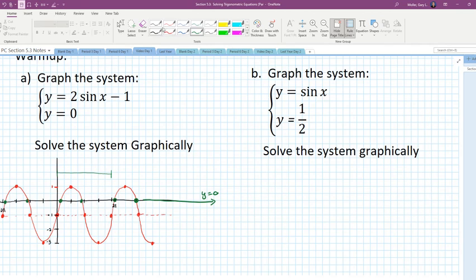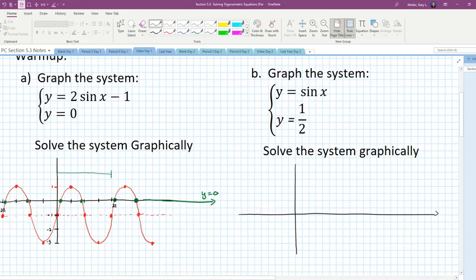Let's do part B, and let's go ahead and graph this one. So this one should be theoretically a little bit easier because I'm just graphing normal sine. And so I start at 0, go over pi over 2, up 1.